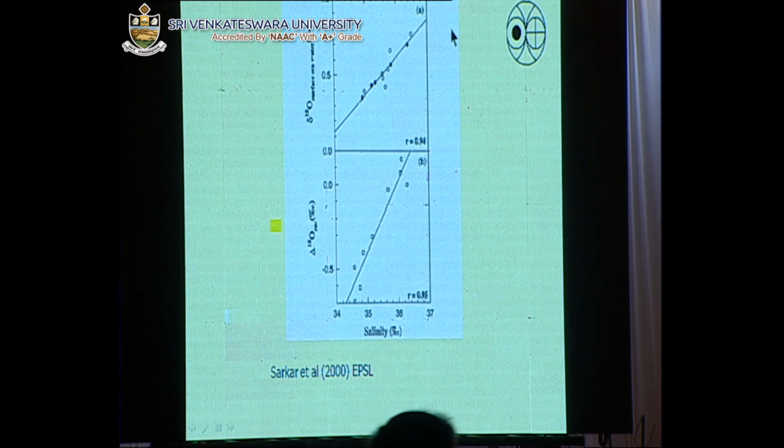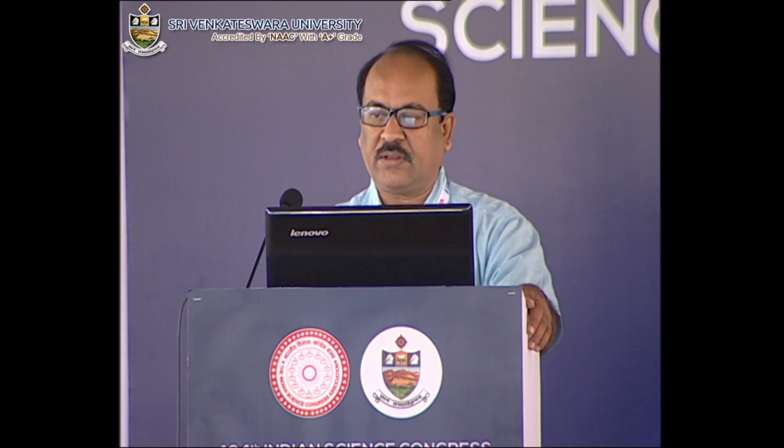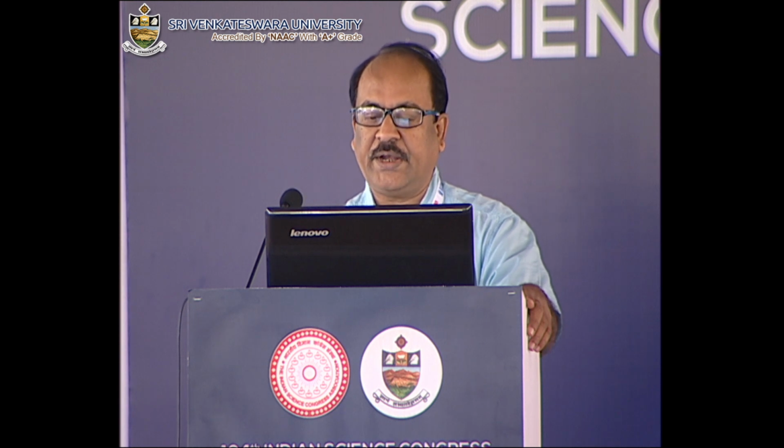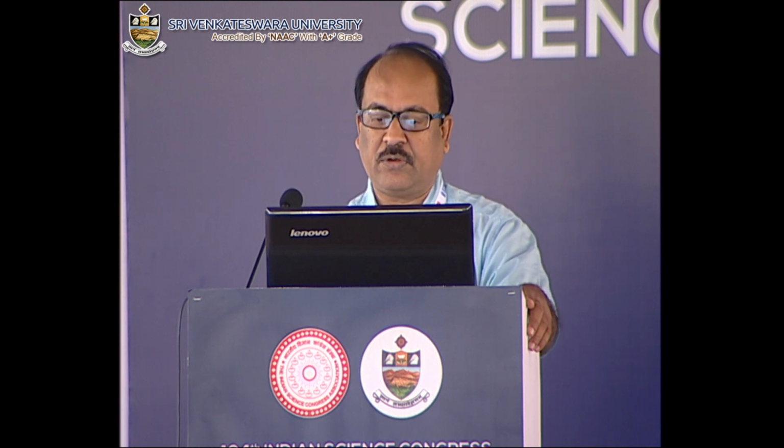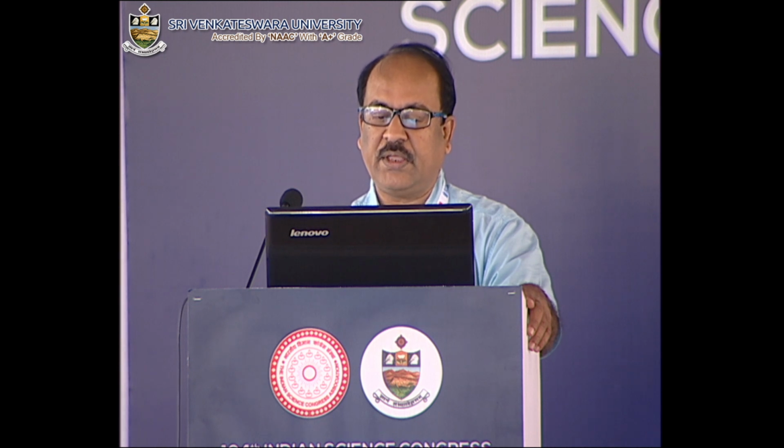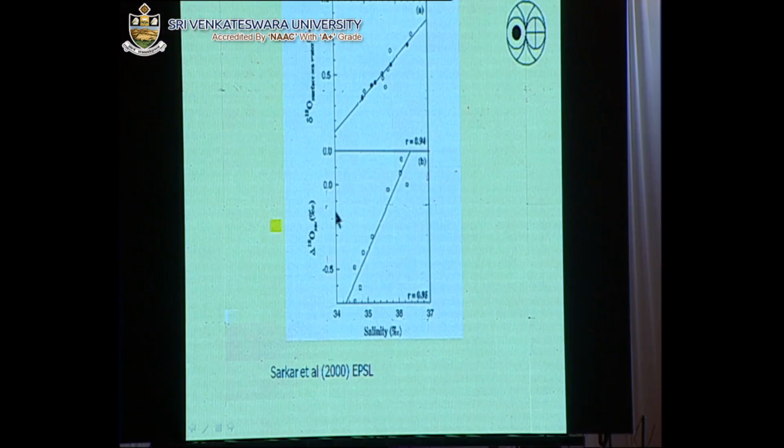The fresh water supply is cut off, salinity will increase, the oxygen isotope also increases. Whereas when the monsoon is strong, it comes towards this direction, salinity decreases. In the coastal region because of runoff, salinity decreases and oxygen isotopic composition also decreases. So there is a good calibration between the oxygen isotopic composition of surface water and salinity. The same thing is preserved in the sediment cores also.